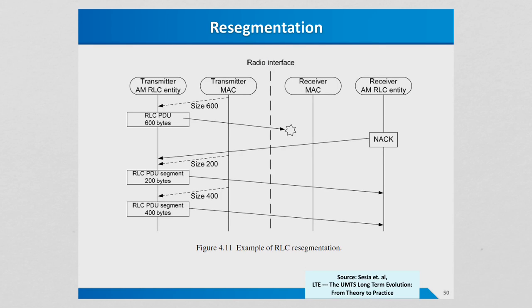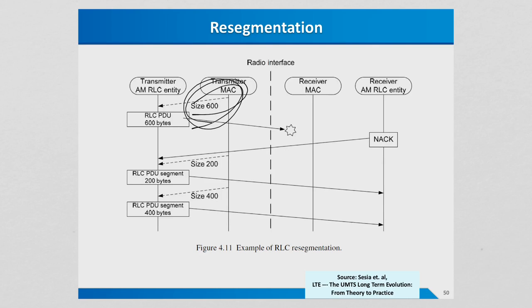Now, one issue with the retransmission protocol is you are going over wireless, and we talked earlier about how through scheduling the bandwidth could vary. So you transmit one packet and maybe the size is 600, but then suppose you need to retransmit that and you no longer have available to you a bandwidth that'll support this size 600 message.